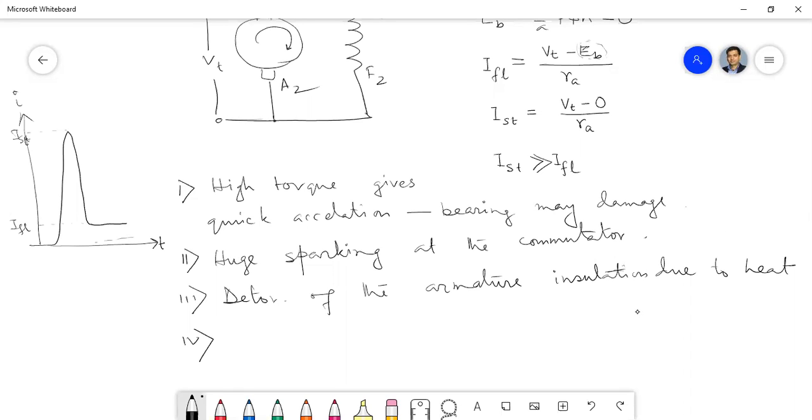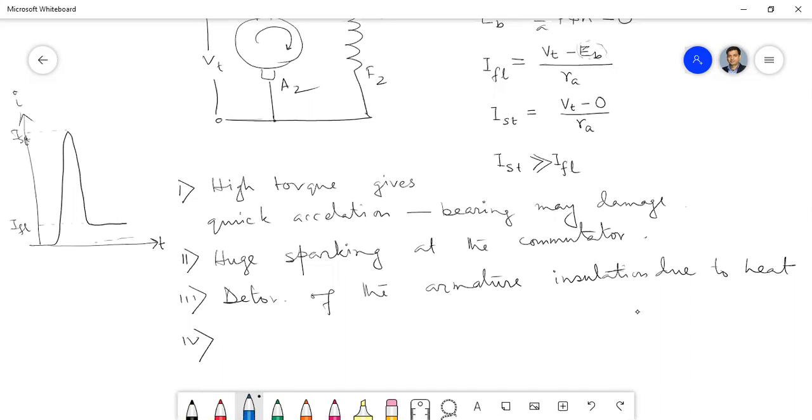But every wire has a finite impedance. Now when this huge current flows through this line, due to this finite line impedance, there will be a sudden voltage drop in the line.